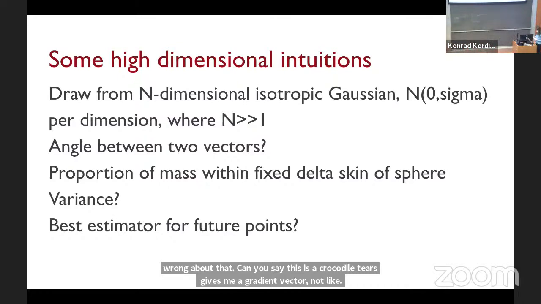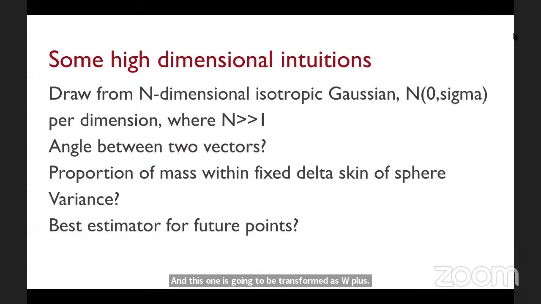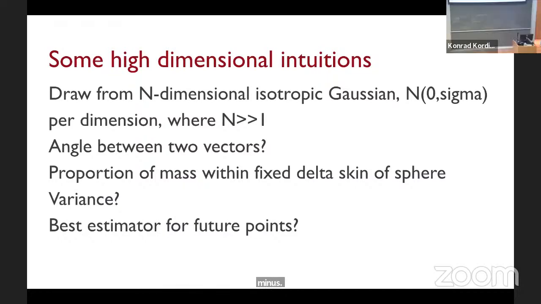The cat gives me a gradient vector, the gradient of the loss with respect to the weights. Then I have a weight vector, W, and this one is going to be transformed as W minus eta times dL/dW. This is gradient descent.